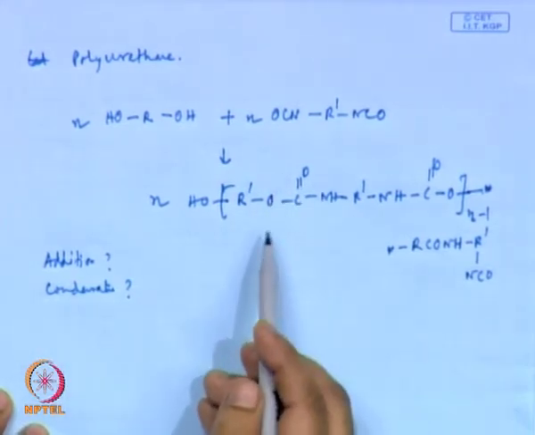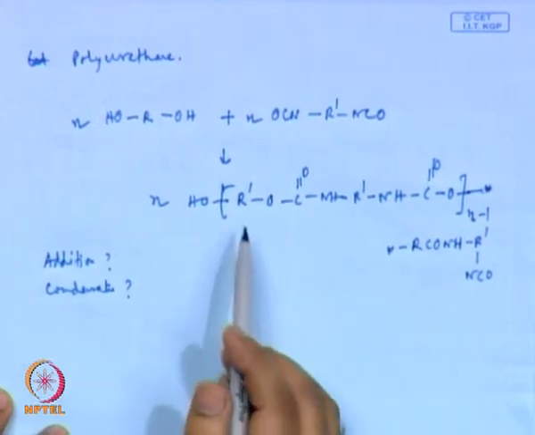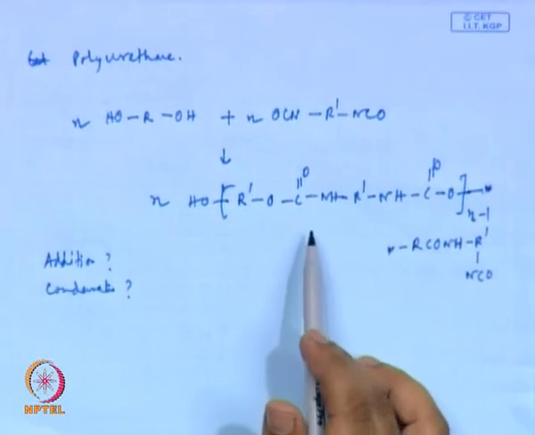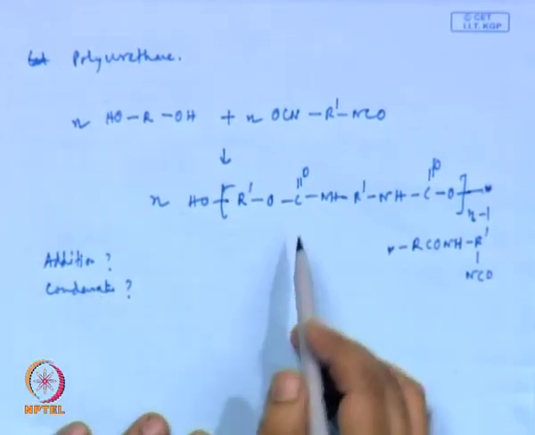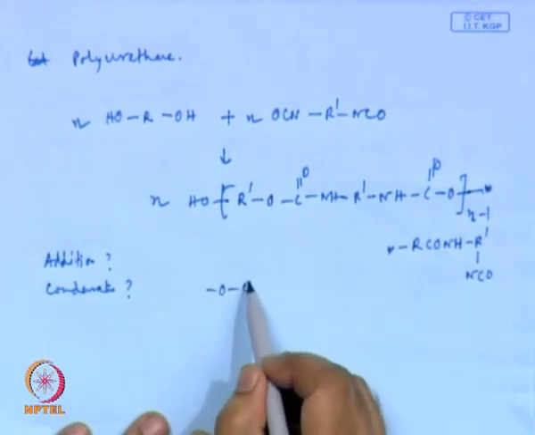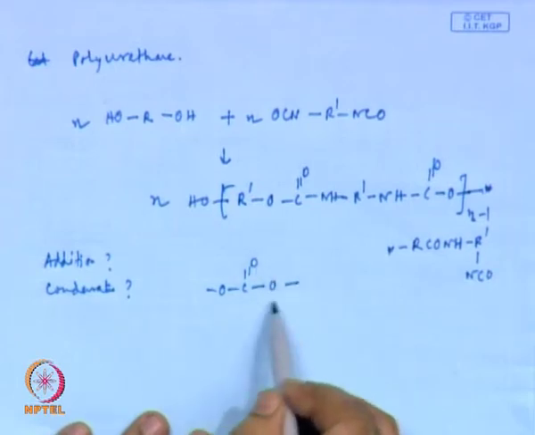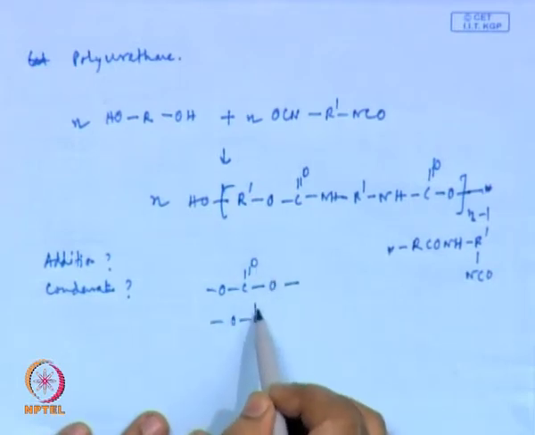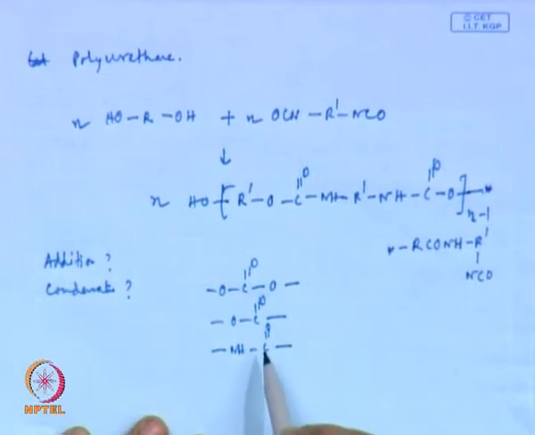According to the organic chemistry definition, this is an addition reaction, not a condensation reaction, but if you compare this polymer with the other condensation polymers, they have similar backbone structure. Like polycarbonate has this structure, polyester has this, amide has this.